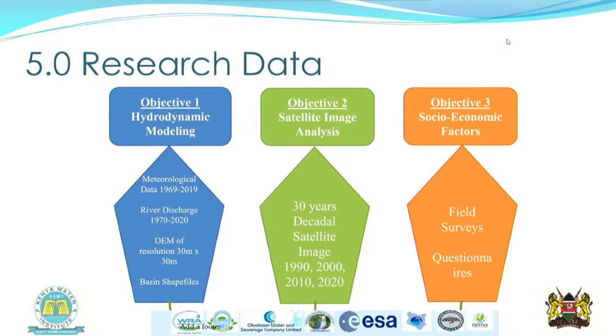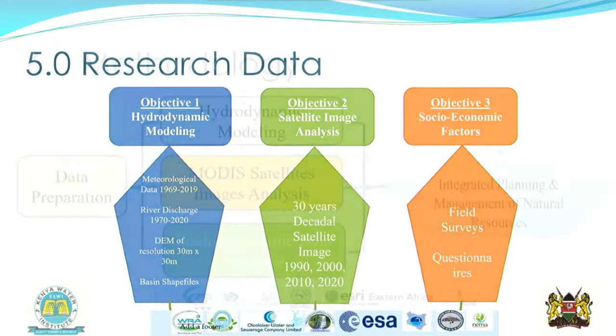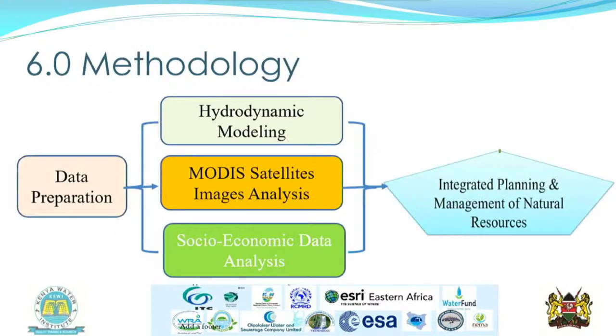Also, objective 2 will require 30 years of decadal satellite images: 1990, 2000, 2010, and 2020. Then for socioeconomic factors, we shall do field surveys where we shall administer questionnaires to a population sample of about 120 people.